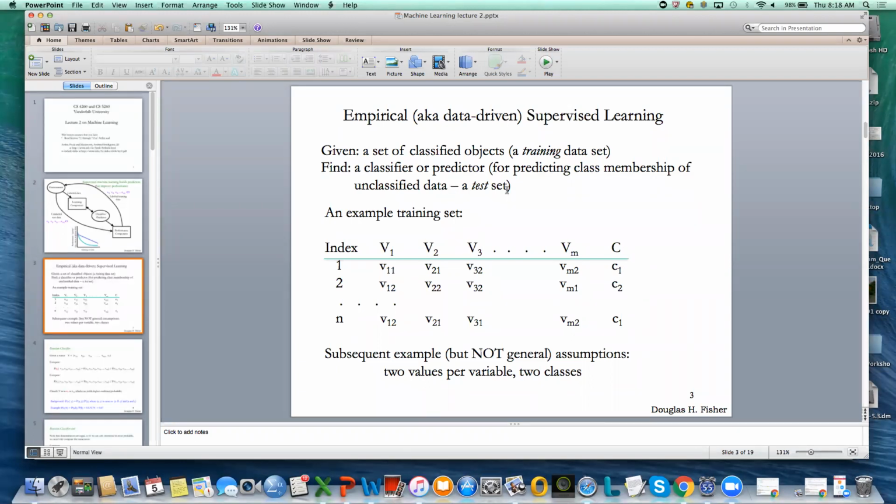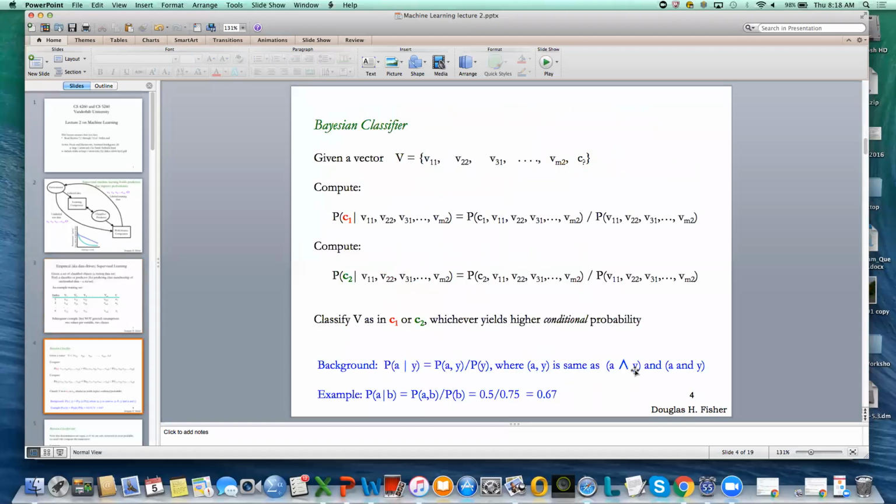And we're going to use a test set for that, that is data like this, but without a known classification. We make a prediction about the classification, and then we compare it against its correct classification, which was hidden prior to testing. I make a few weak assumptions here about using binary classes and binary variables, but really not strong assumptions about those.